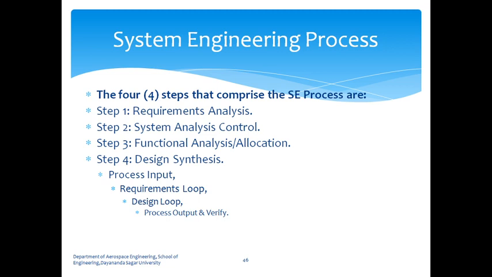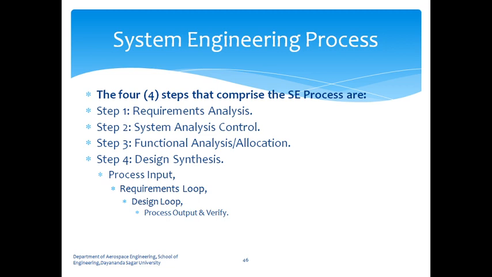So the first step is understanding the requirements, and the second step is system analysis and control. This is the overall step basically. I will show more details in the next slide. Control, what does it mean? You are making a system that will execute its function, or its work, but you should know whether the output you are getting is in line with your expectation.